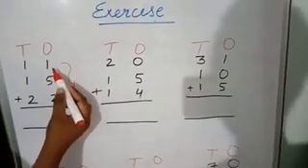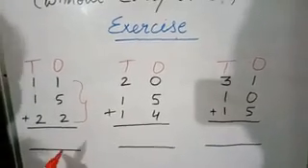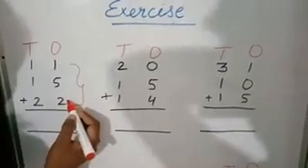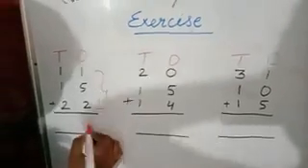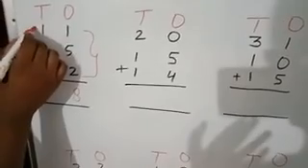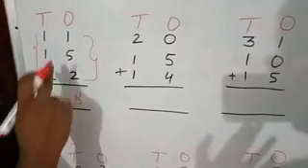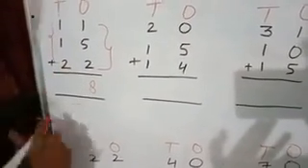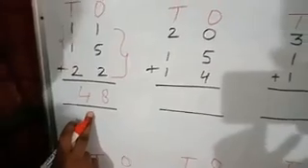First one is 1, then 5. 1, 5, 6. Then add 2 more, 6, 7, 8. So here we are getting 8. Then you have to add tens together. 1, 1, 2. Then 2 plus 2, 4. That is, we are getting here 48.